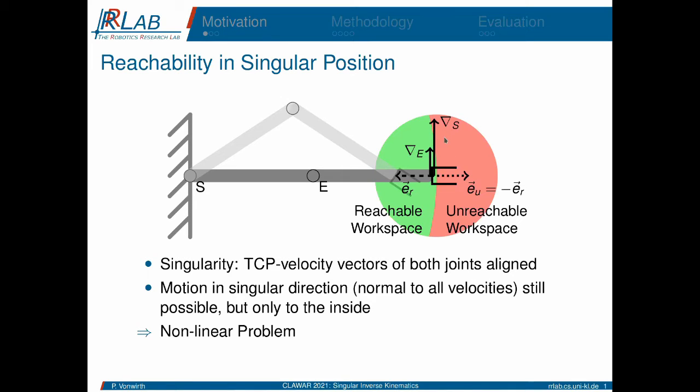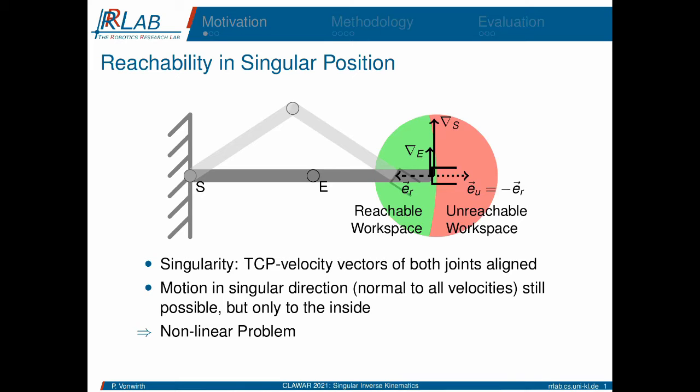And now the problem is that we have this green area, which is a reachable workspace, and this red area, which is an unreachable workspace of this robot. Unfortunately, both are in the same directions, perpendicular to the two velocity directions of the joints.